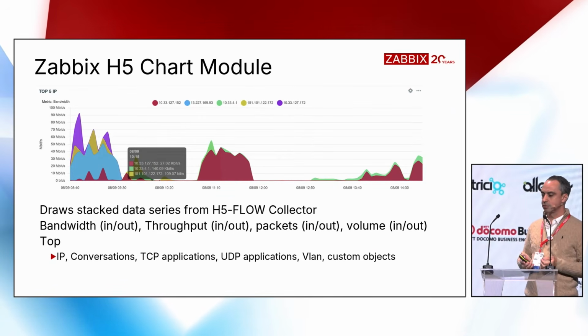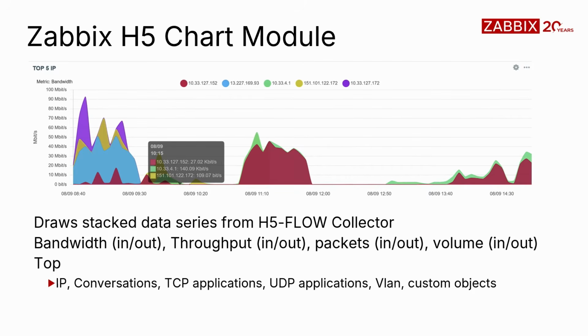So I will show some examples of the modules. For example, here, you can have the top 5 IPs on a chart, and you can do the same with conversation, TCP application, UDP application, VLAN, or custom objects like your remote sites. And you can do this type of chart for each network interface.